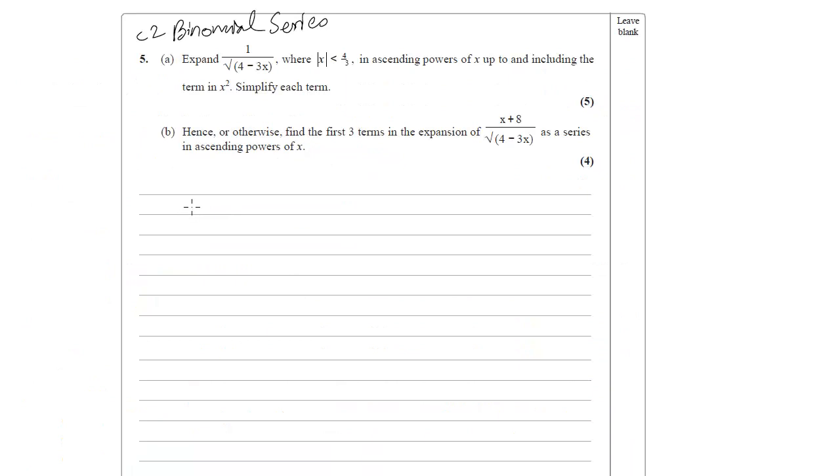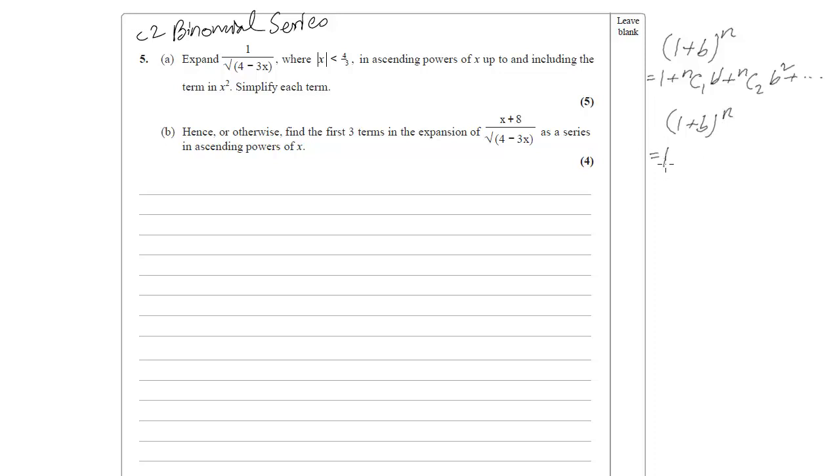So question number 5 is the binomial series from C2. If you have 1 plus b to the power n, it is 1 plus nC1 b to the power 1 plus nC2 b to the power 2 plus dot dot dot, because they said up to x squared. Now this is for C2, and here n is a positive integer, but in C4 we have to remember it is not a positive integer.